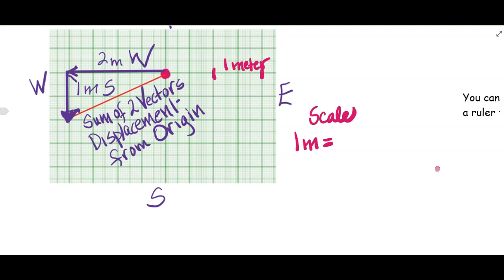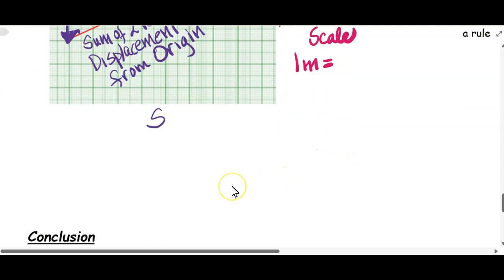I tried to make it 2 centimeters on our assignment the other day, but this may be a little bit different, so you'll have to measure it with your ruler. Okay, so measure the distance from the end of the second arrow to the origin, and it's going to be some number of centimeters. All right, and then measure how long these lines were, in centimeters, and then you'll be able to say 1 meter equals a certain number of centimeters. All right, I don't have a ruler with me or I'd show you that.